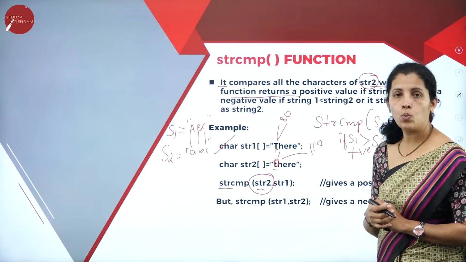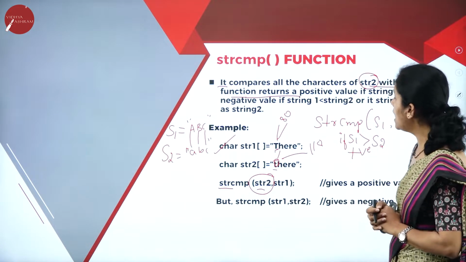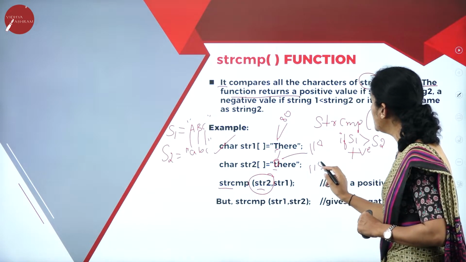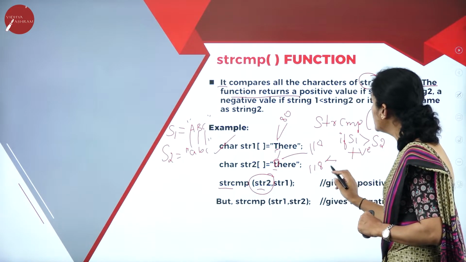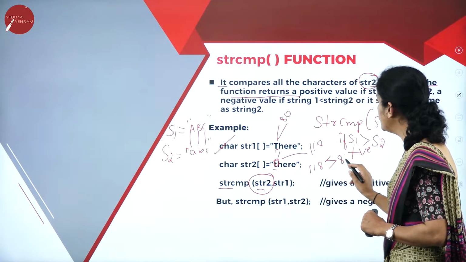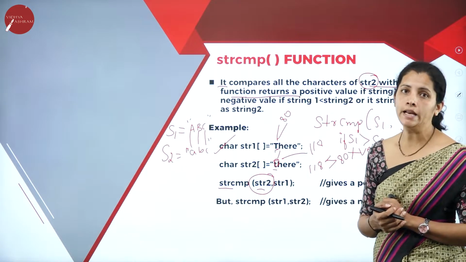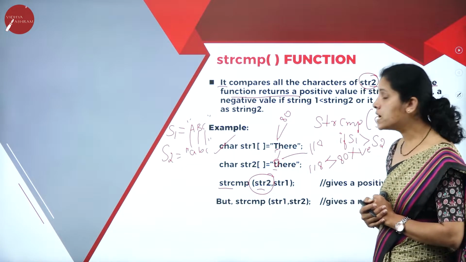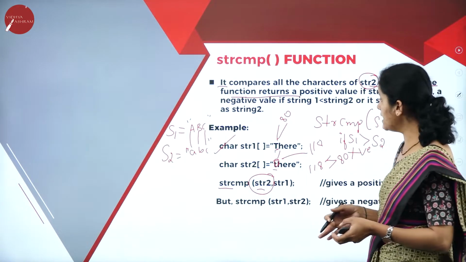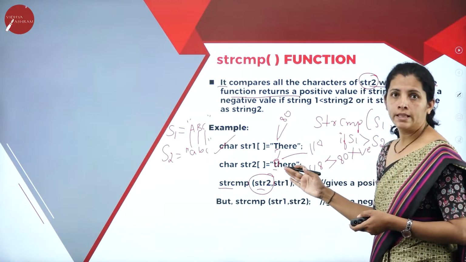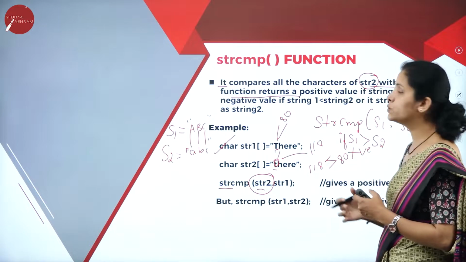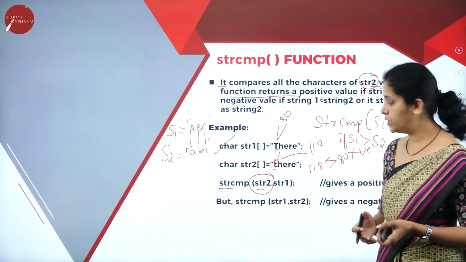Now 118 is greater than 80. That means str1 is less than str2. In that situation, it is going to return a negative value.